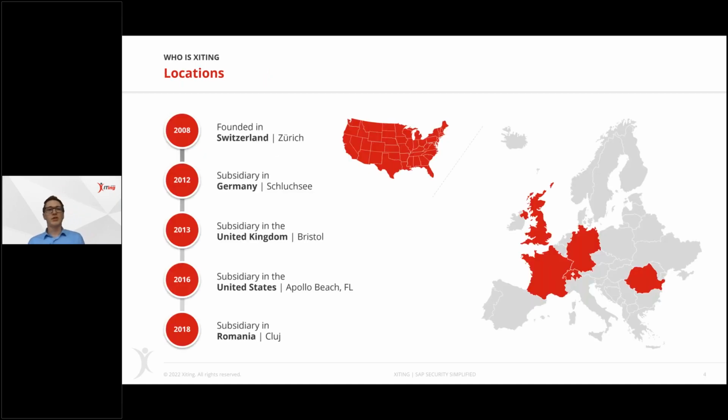So a few words about Xiting itself. We were founded in 2008, originally from Switzerland. I'm also based in Switzerland, but we grew significantly over the years. Authorizations, SAP security or cybersecurity in general sees a growing demand.